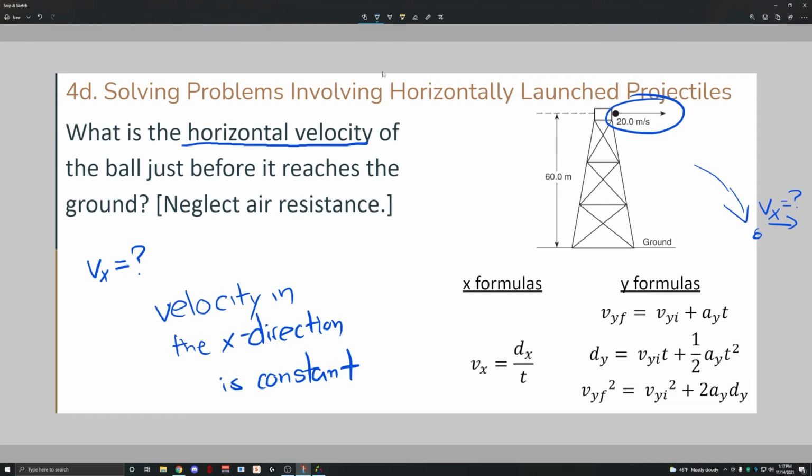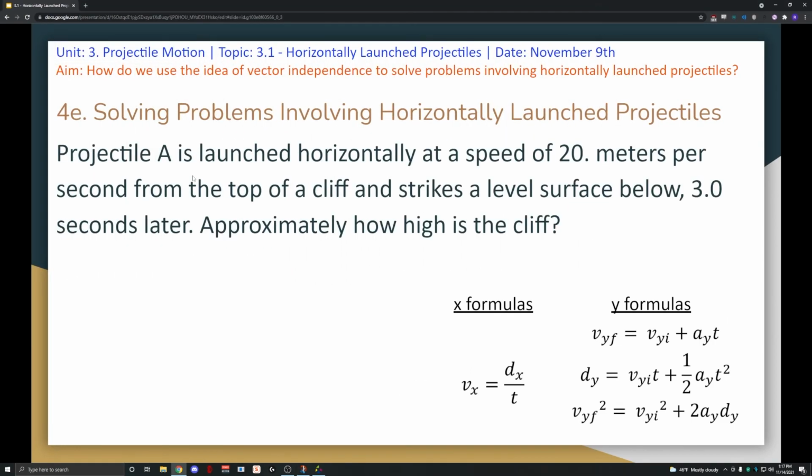So we launch with an initial horizontal velocity of 20 meters per second. If our velocity in the x direction is constant, our horizontal velocity will not change. So our horizontal velocity is still 20 meters per second, and this question did not require any math. There is no acceleration in the x direction. Gravity doesn't pull you left or right.